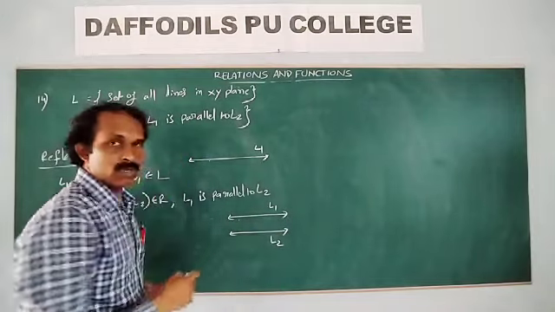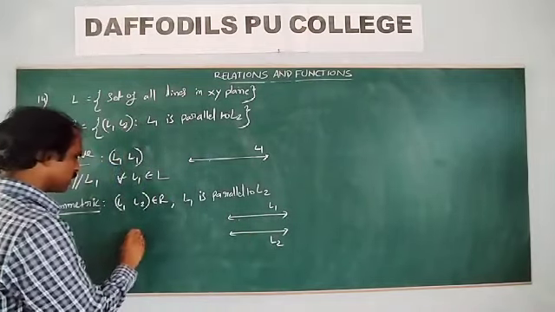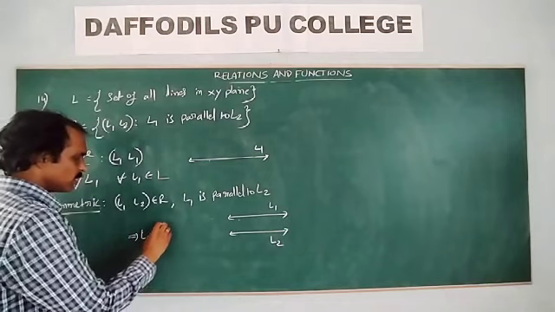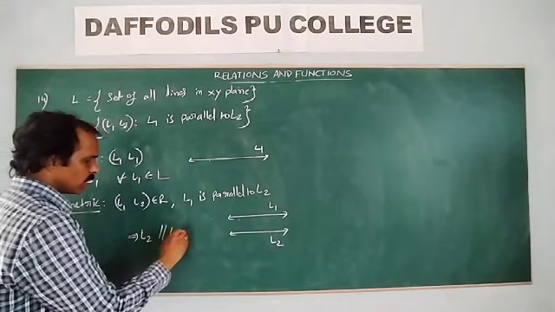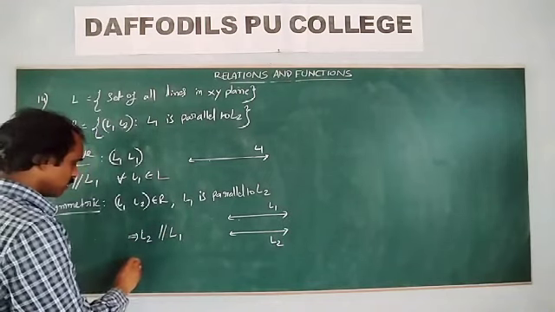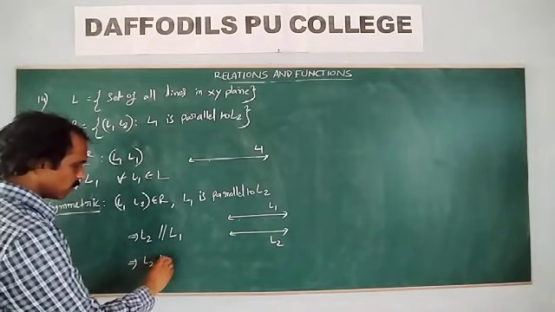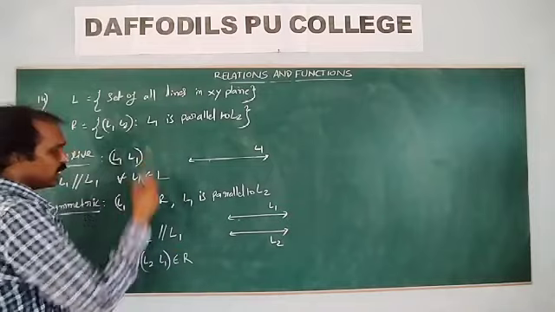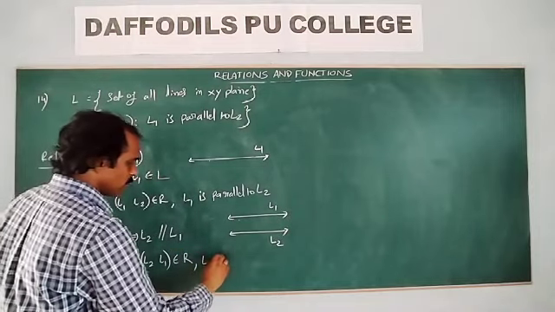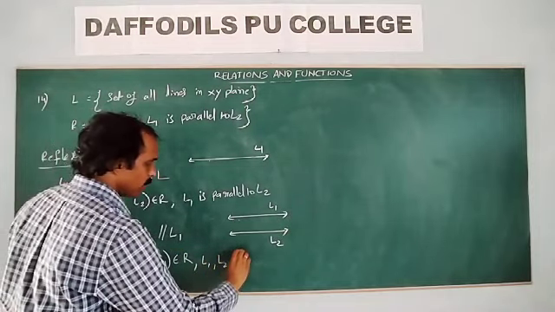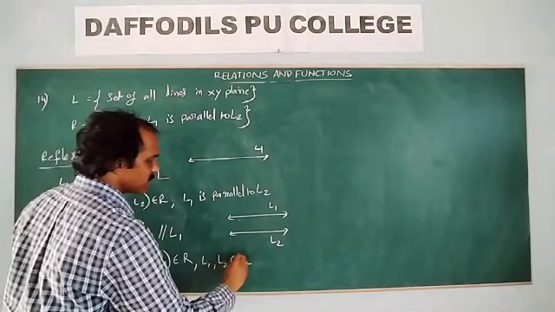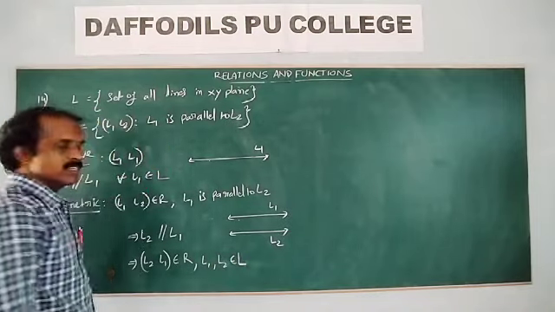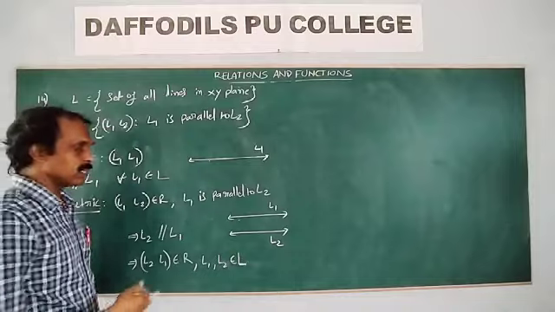L1 is parallel to L2 implies that L2 is parallel to L1. That implies L2 comma L1 belongs to the relation, for all L1 comma L2 belonging to the set of lines L. Okay, clear.